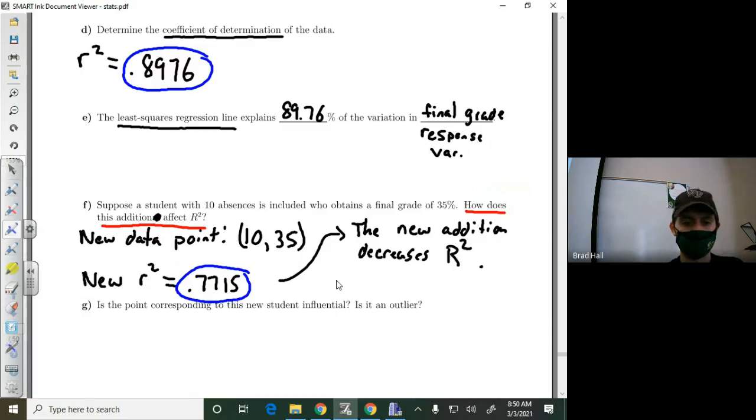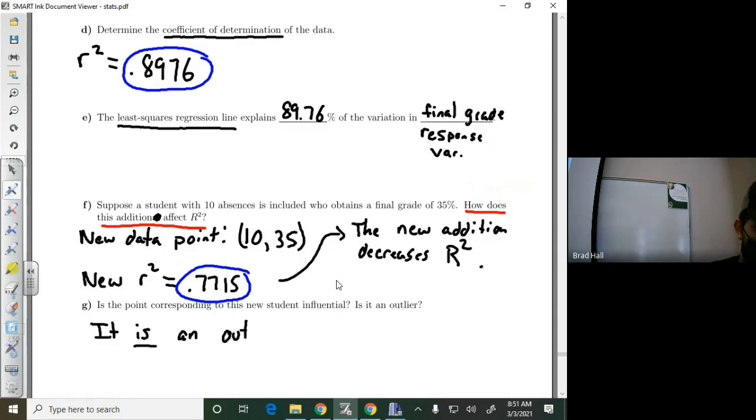So is the point corresponding to this new student influential? Is it an outlier? I would like to say it is an outlier. So ultimately, is it an outlier? So it is an outlier. So this is corresponding to the new point.